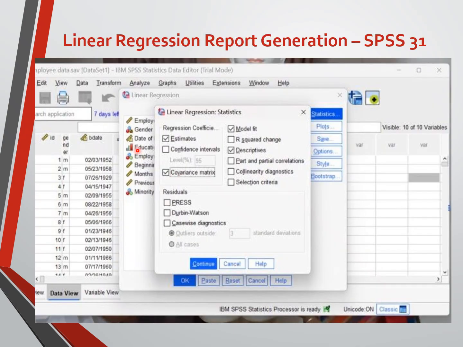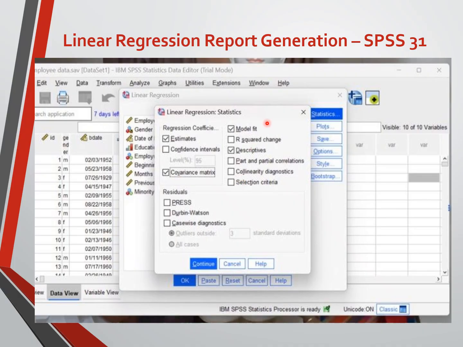SPSS report generation can be done where you can get the regression coefficient estimate and confidence interval, like 95%. I have not clicked it, but it is seen as a small word.